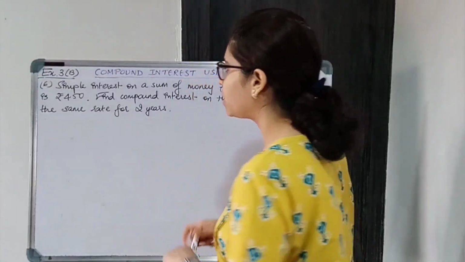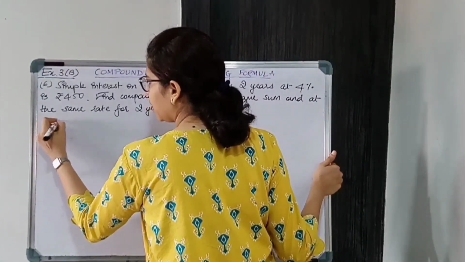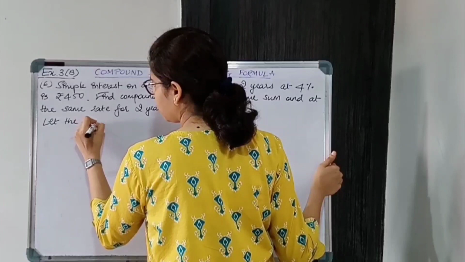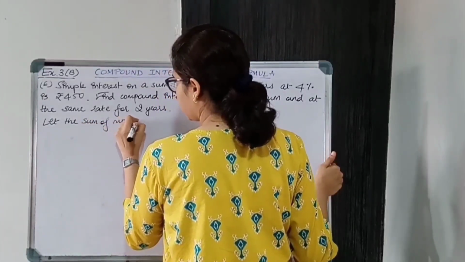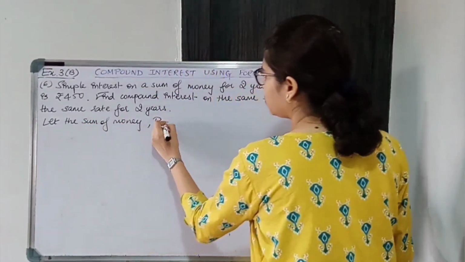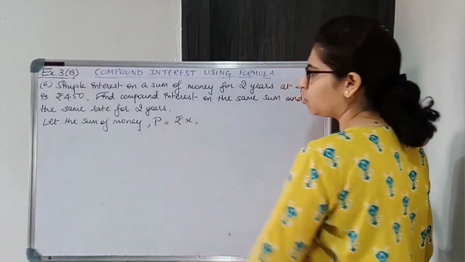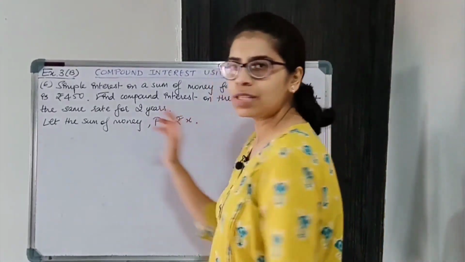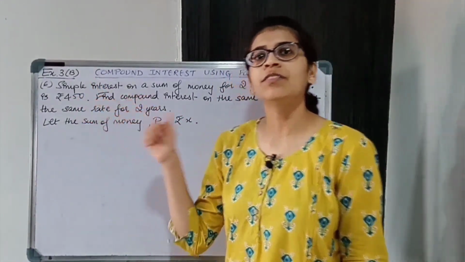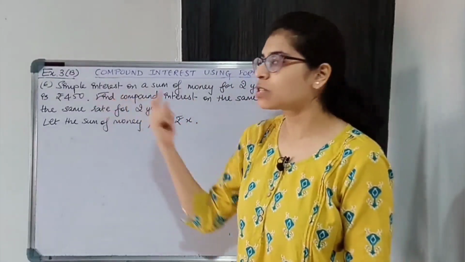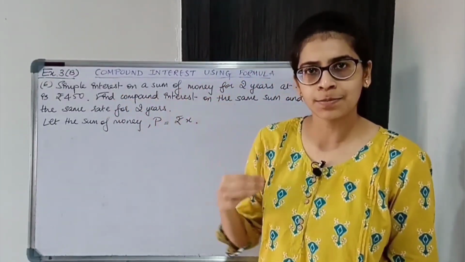Now the sum of money is not given to us, so we'll assume it to be X rupees. Okay, so just write down the statement. Let the sum of money, that is principal, be equal to X rupees. Okay, now simple interest is given to us. Okay, we are given rate of interest, we are given time period, also simple interest. We can easily find the principal.